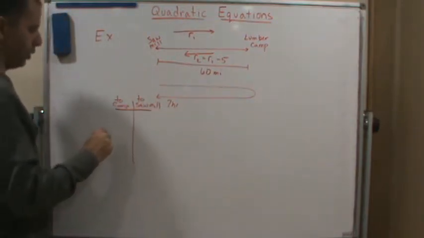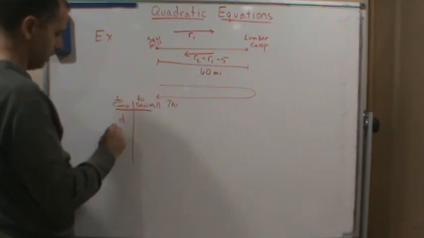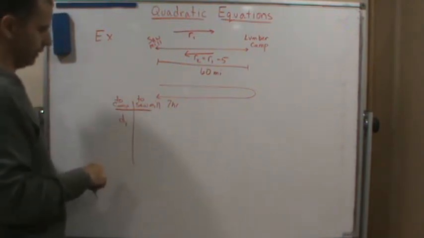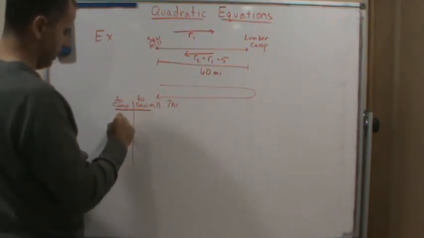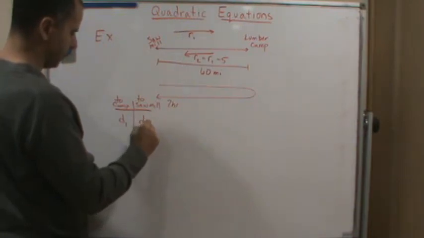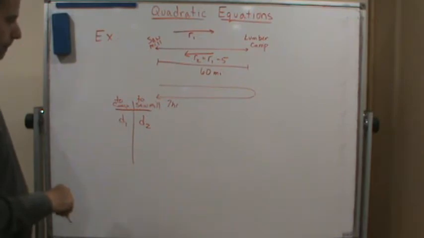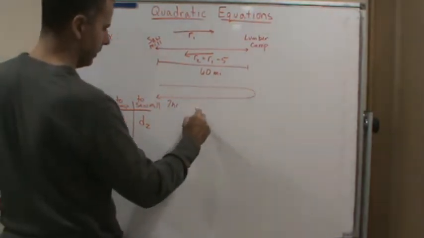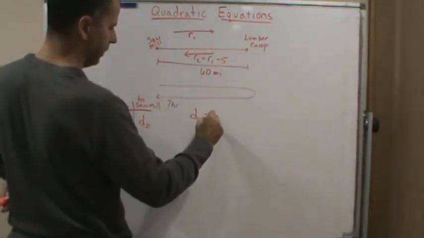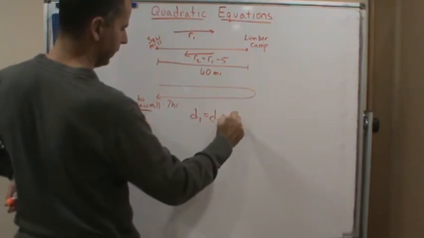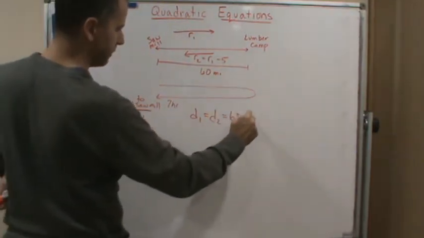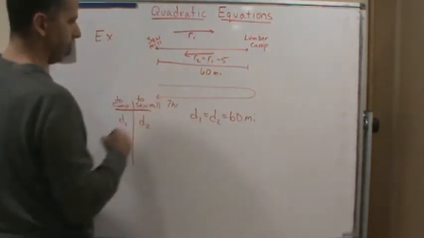And so we know that the distance, called D1, and the return distance, D2, are the same, right? We know that the distance there is equal to the distance back, which is equal to 60 miles. We see that from our diagram.